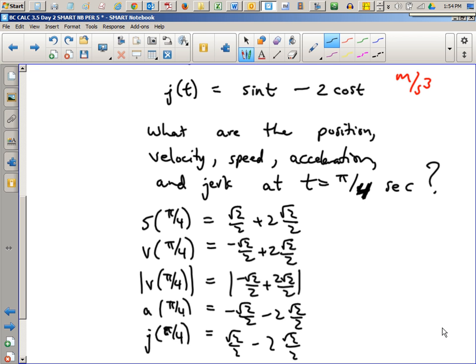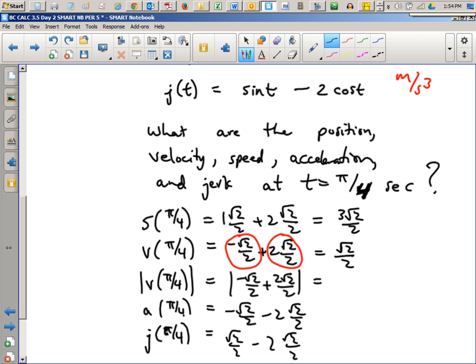Alright, so we'll just go back and simplify these. So we have basically 1 root 2 over 2 plus 2 root 2 over 2. So this is 3 root 2 over 2. And this next one we could think of as 2 root 2 over 2 minus 1 root 2 over 2. So this just becomes 1 root 2 over 2.